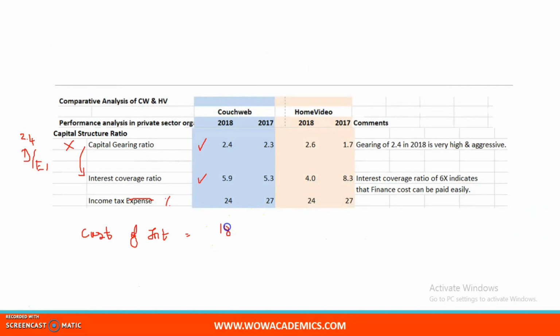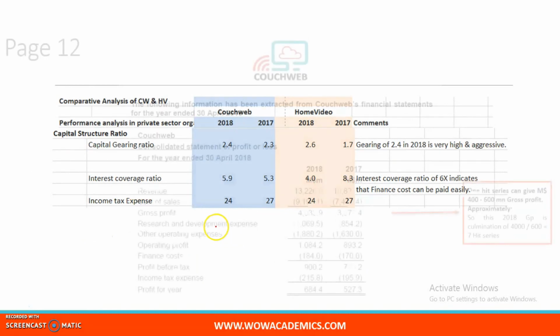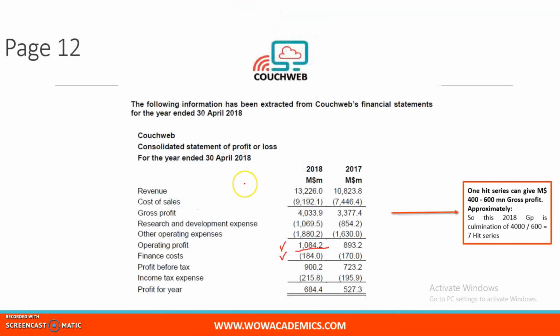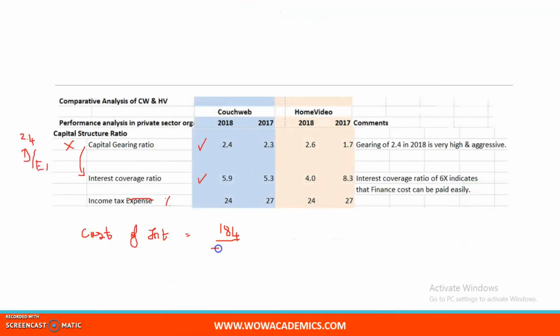We'll divide 184 by the total debt that the company has. Total debt, how much they have borrowed, is 5321. Let's see how much that comes to.